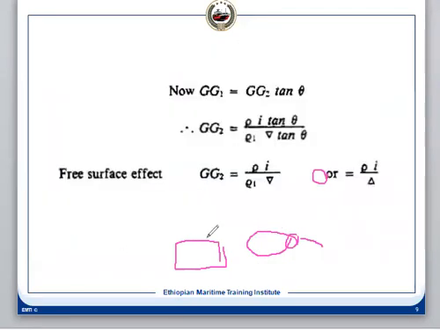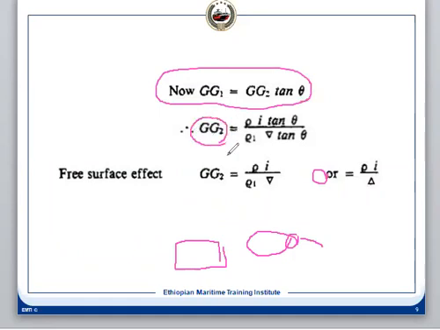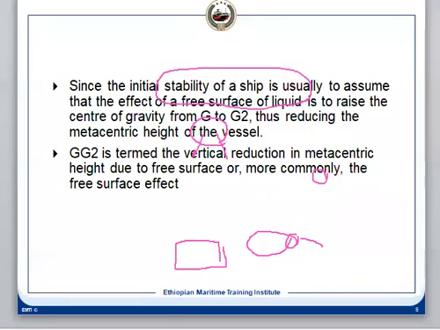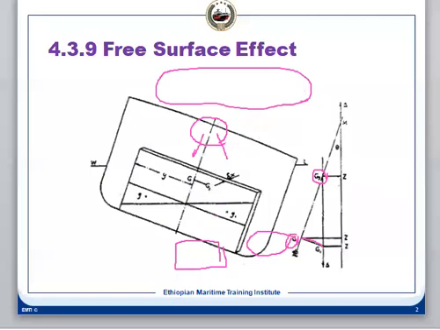Once we calculate G1, we have got this formula, and G2 is what we are interested in finding out. This is the initial and this is the final. Tan theta is equal to, we have written this formula from here. This is also theta, so this is also theta.